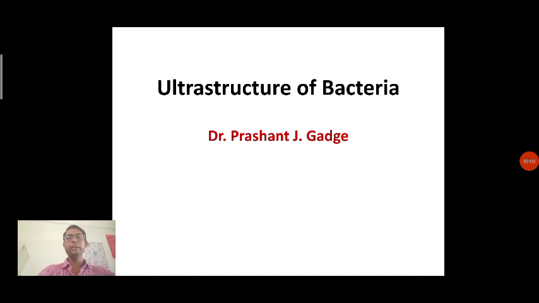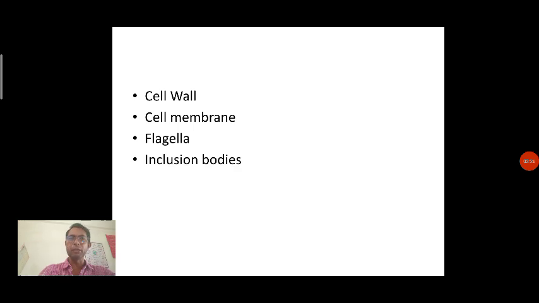Now we know very well that bacteria are unicellular organisms, and this unicellular organism has a particular structure. The different functions are performed by the single cell or unicell. Each bacterial cell has an external cell wall.